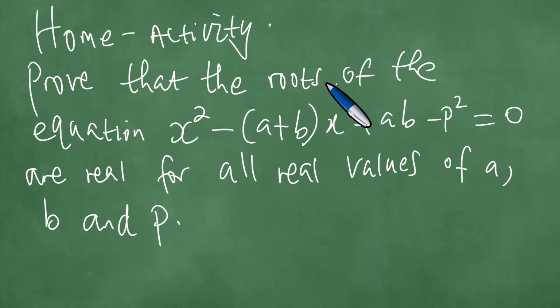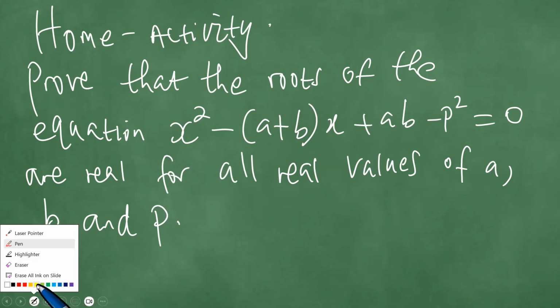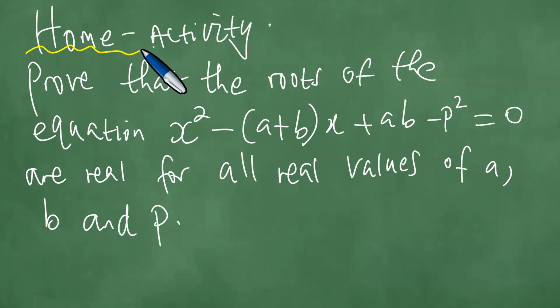Prove that the roots of the equation x squared minus (a plus b)x plus ab minus p squared equals 0 are real for all real values of a, b, and p. Prove that the roots of that equation are real. Okay, that is the homework you have on the nature of roots.